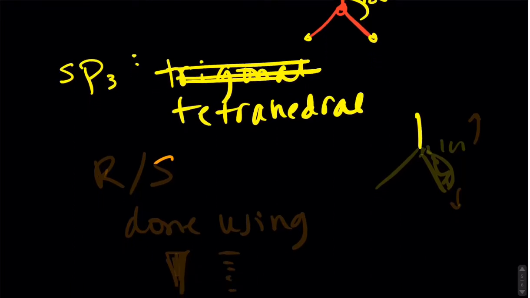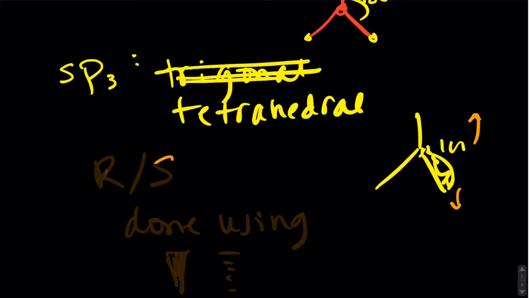So this kind of looks like a pyramid, with something sticking up. This has to have 2 different types of bonds. It has to have one bond going away and one bond coming towards you, because it has this 3D geometry. So this is the bond that's going away from you. This is the bond that's going towards you. These are the bonds that are in the plane.